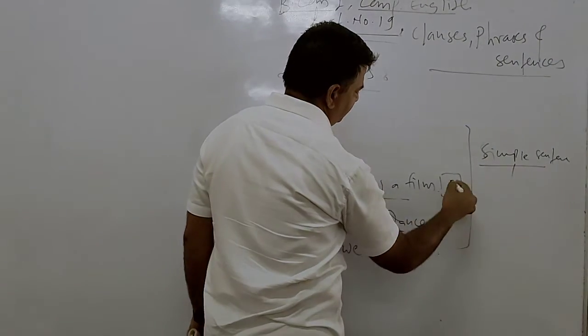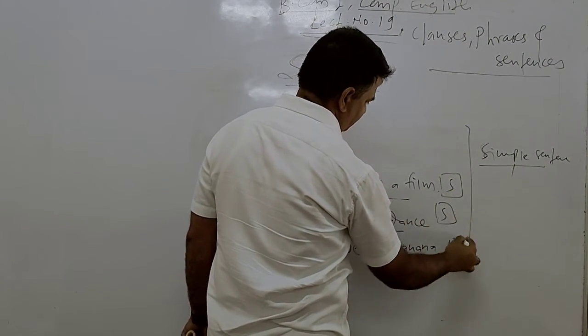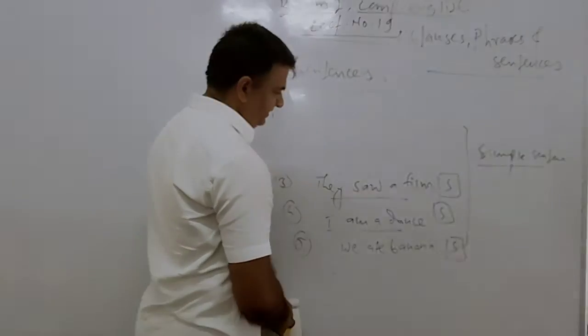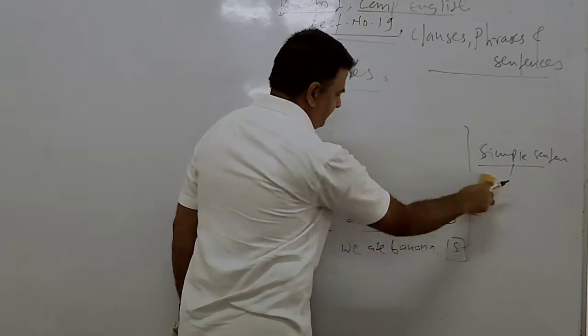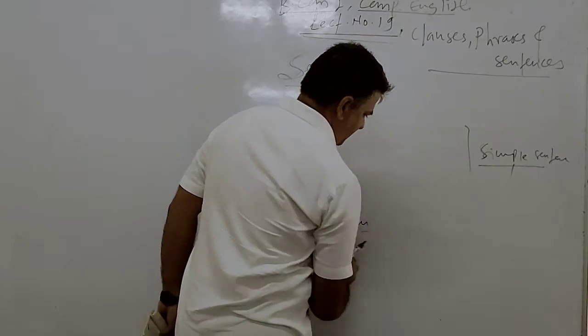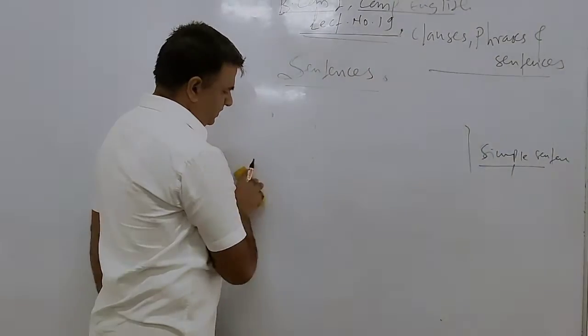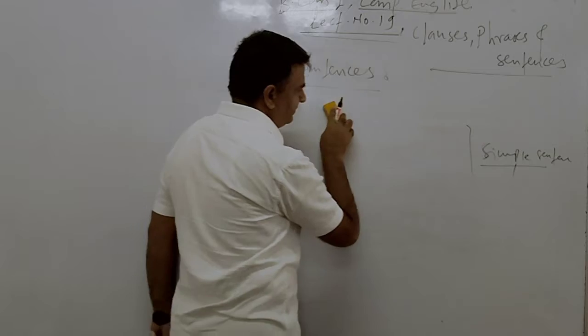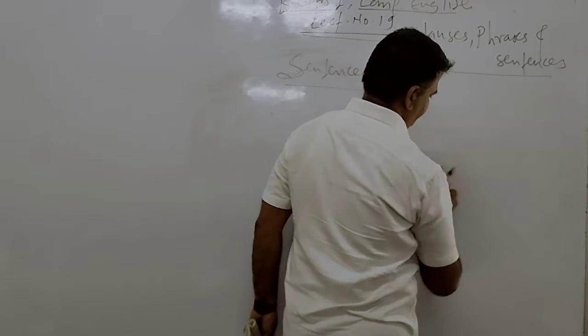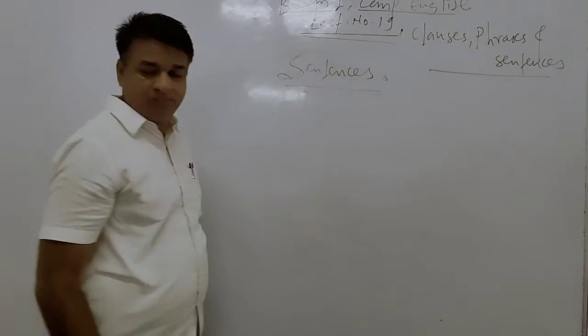After simple sentences, such examples will be asked in the exam. You have to write simply yes in front of them, considering them as sentences, right? Then we will move to another type of sentence.